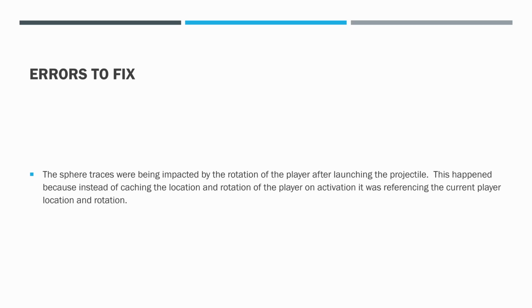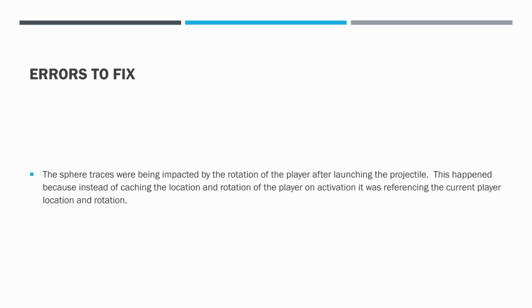What was happening is that in my multi-trace thing with the wait multi-trace for targets, I was not caching the launch location. It was still pointing to the underlying actor that fired it, meaning every tick, it was rechecking where the player who launched it was and adjusting everything off of that.